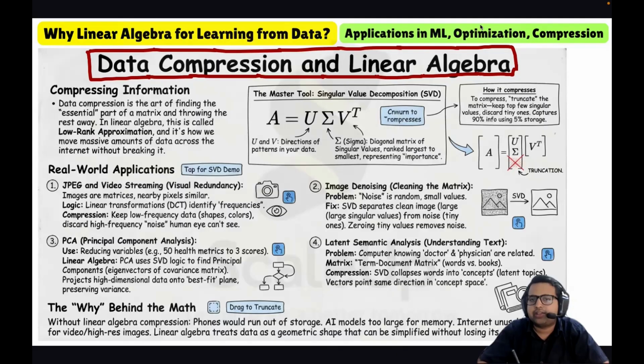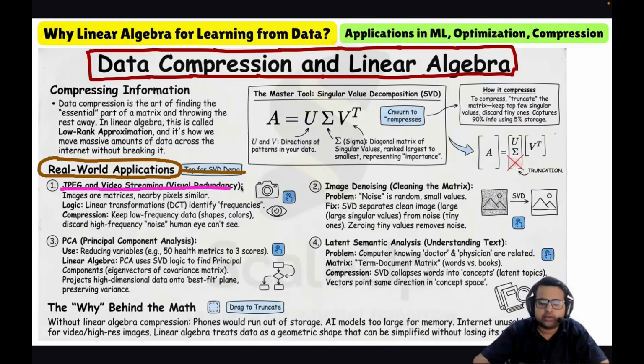Now let us look at some real world applications of data compression. Data compression does play a role in JPEG and video streaming. Visual redundancy: images are matrices where nearby pixels are usually very similar. So how do we compress it?